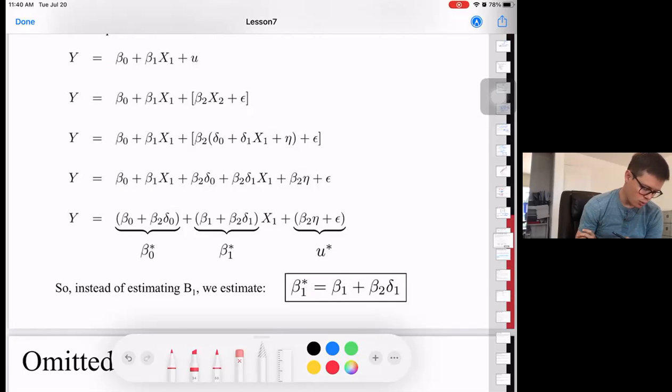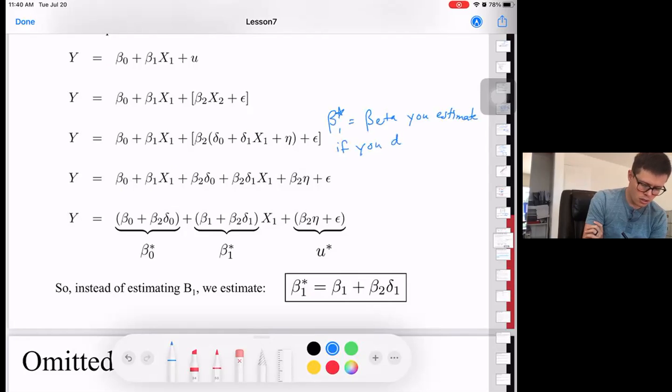And I'm just going to say this bit in maybe slightly different words, just to make sure that this is clear. The beta star is the beta you estimate if you don't control for x2.